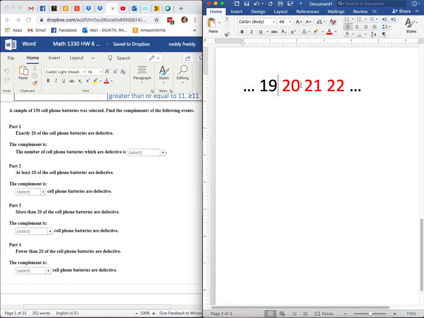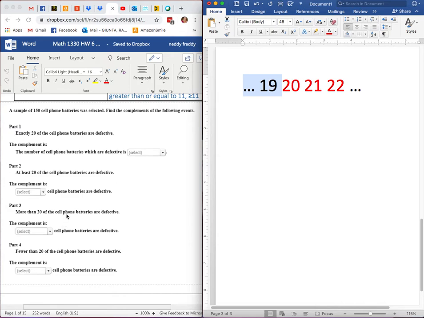And then the last answer choice, which would also be incorrect, would be at most 20. And it can't be that because at most 20 would include 20, which was part of the original statement. So it has to be everything that's not part of the original statement with nothing overlapping. So for this one, it would have to be at most 19.